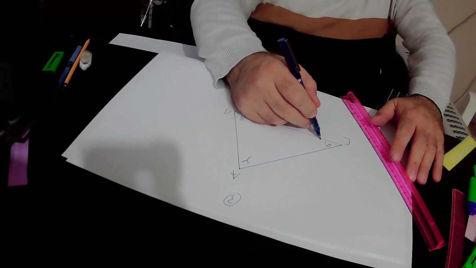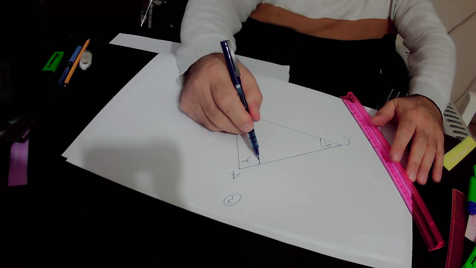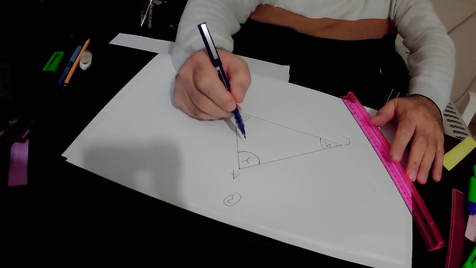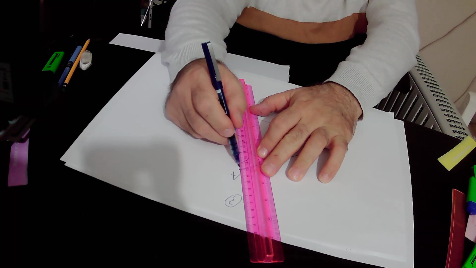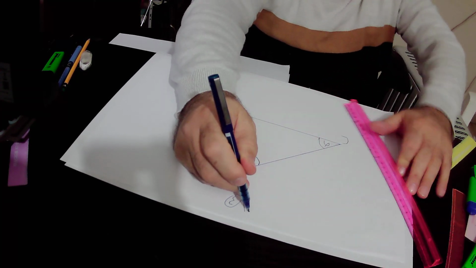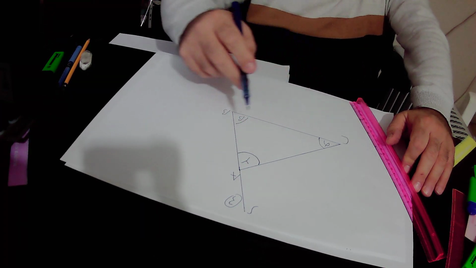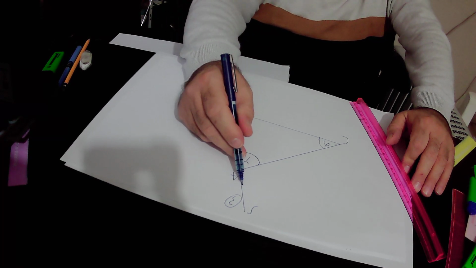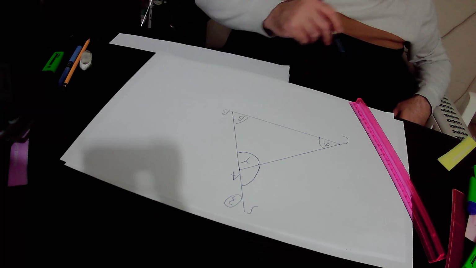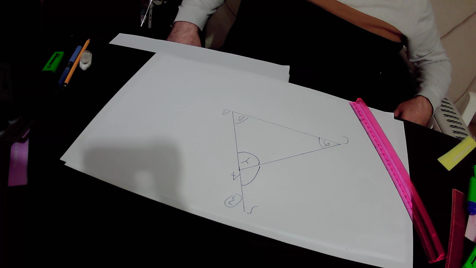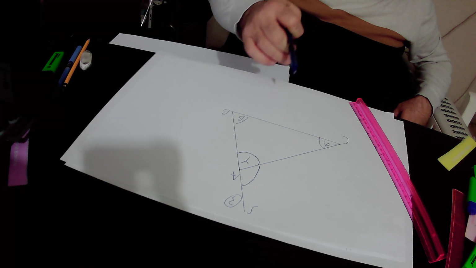So angles alpha, beta and gamma are the angles located inside triangle ABC, and this angle, angle SAC, is defined as an exterior angle of triangle ABC.